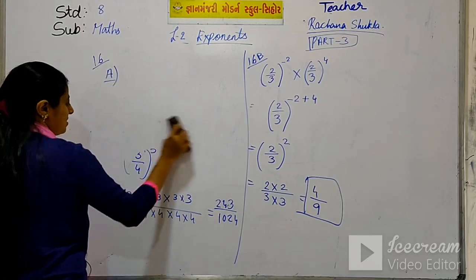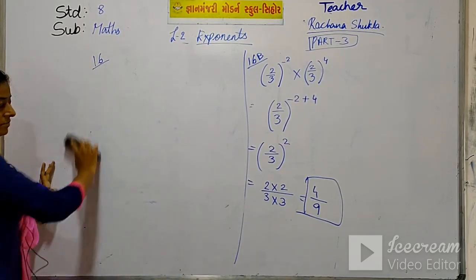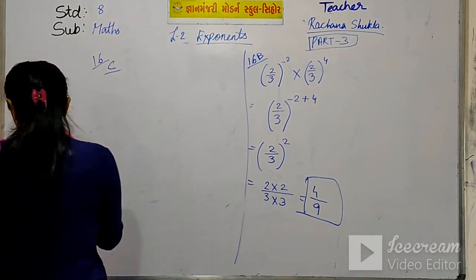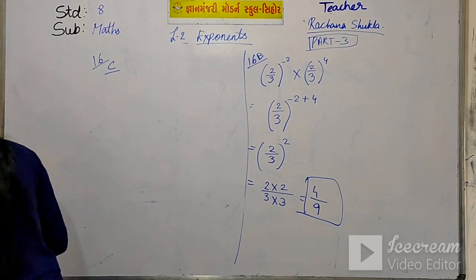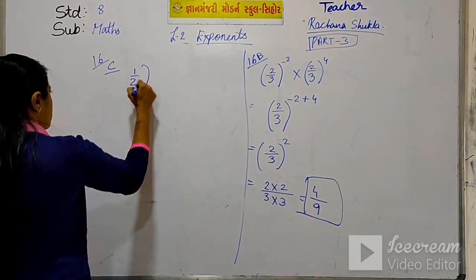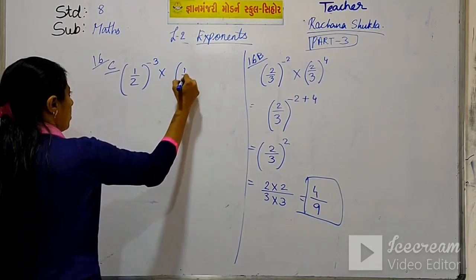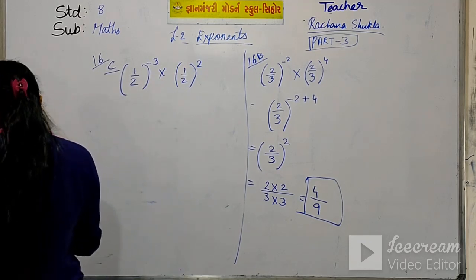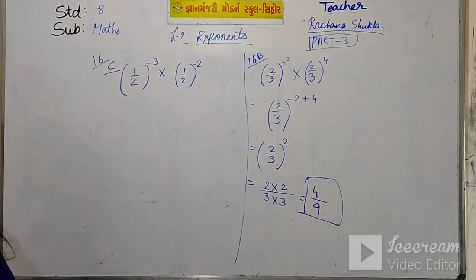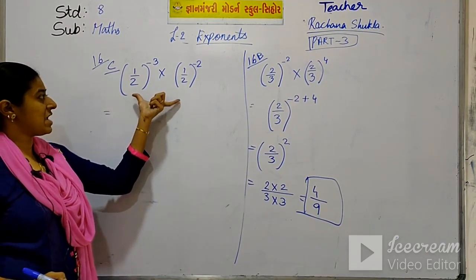Next sum, 16C. 1 upon 2 raised to minus 3 into 1 upon 2 raised to minus 2. Again, same bases.